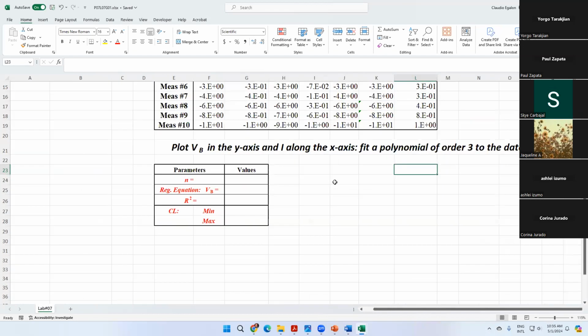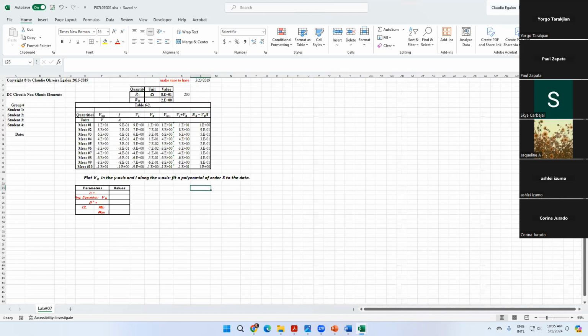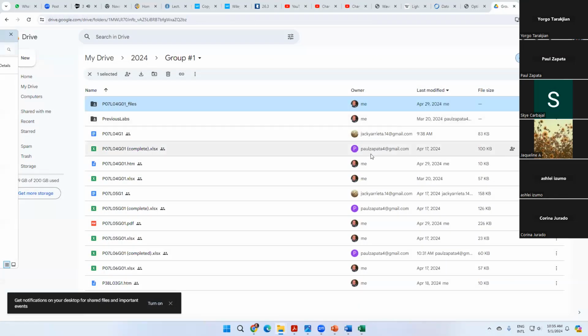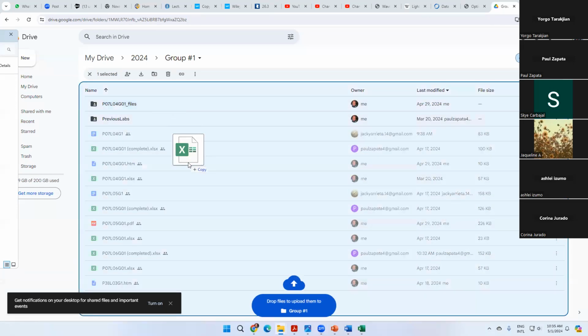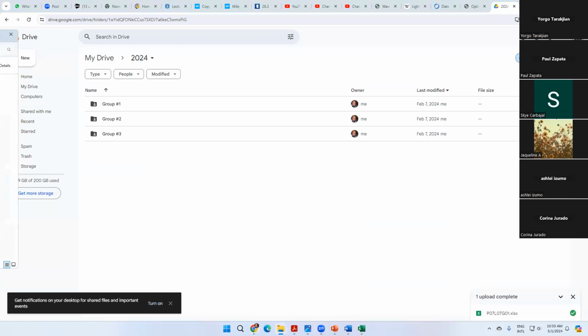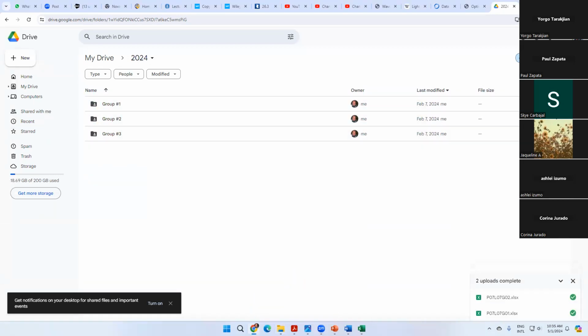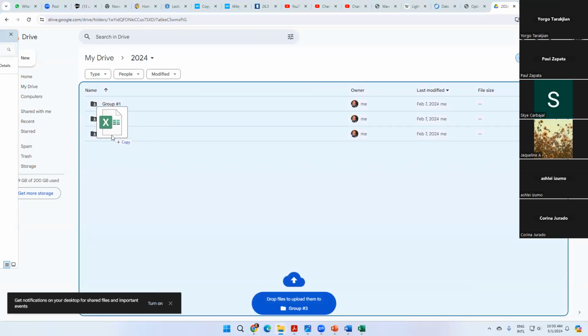Okay, good. So let's go, group 1. Your data sheet for lab 7 is there. Group 2, the data sheet for group 2 is in there, and group 3.